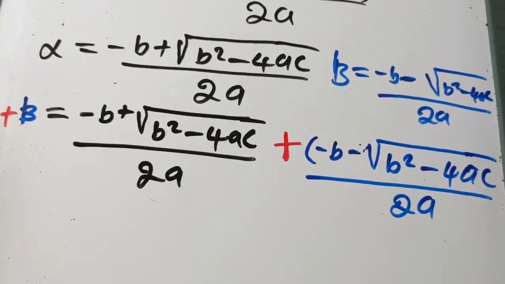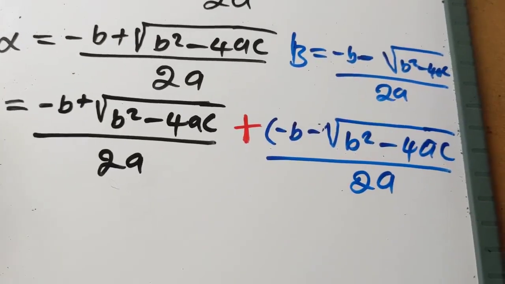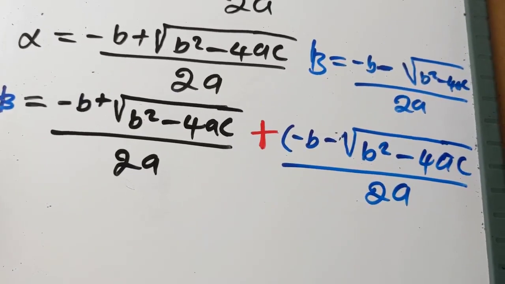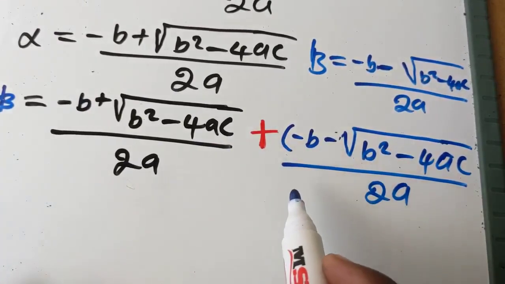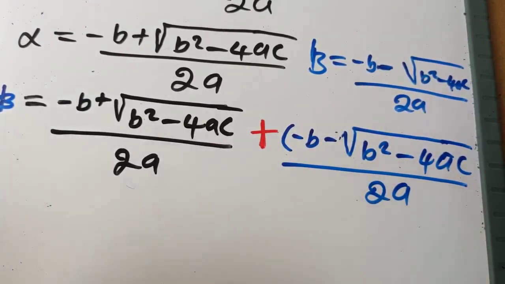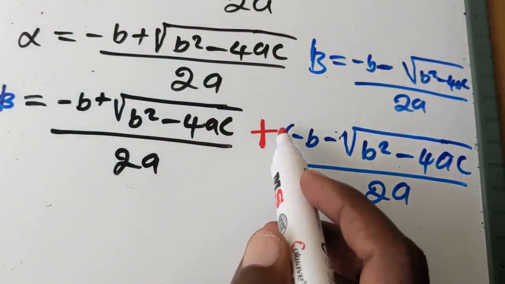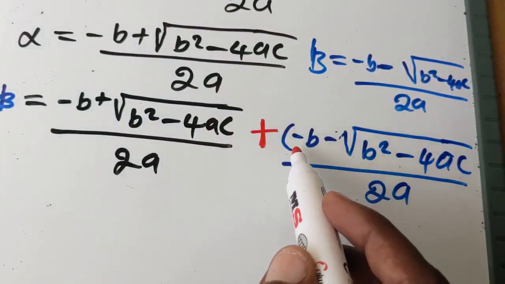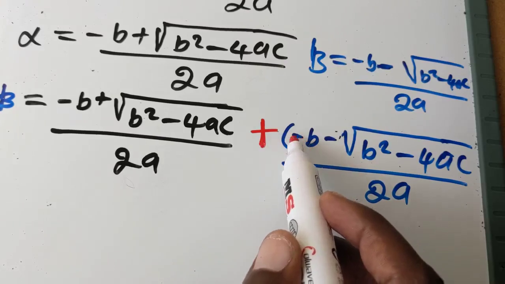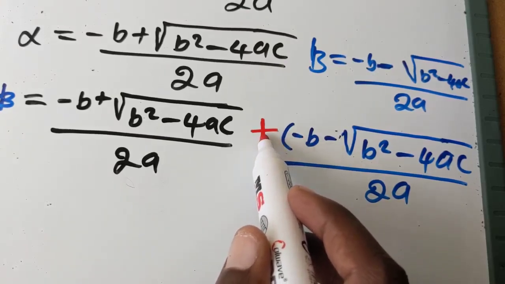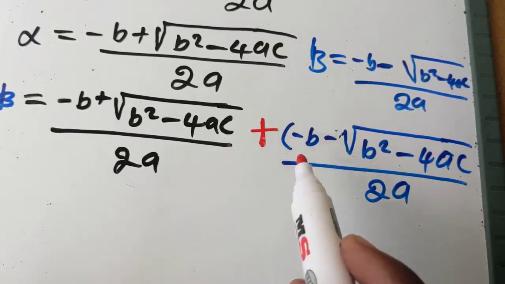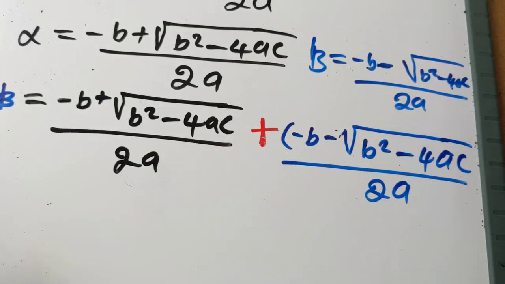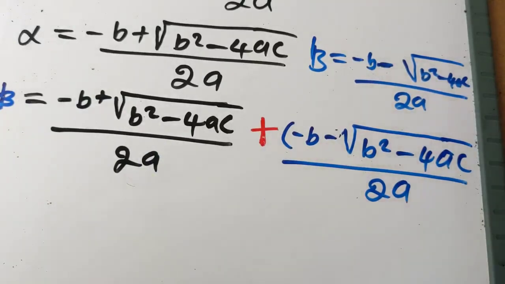Now we need to add these two. When you look here, there is a positive and a negative sign, so we need to multiply positive times negative. What is positive times negative? The answer is negative.